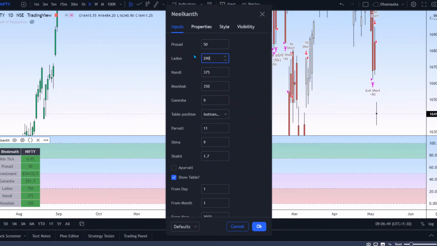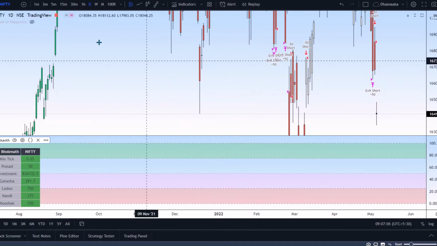Okay, let's make it 300, a round figure, and 150, and let's say Mushak also gets 120, and we hit OK, and go to a 5 minute intraday time frame.